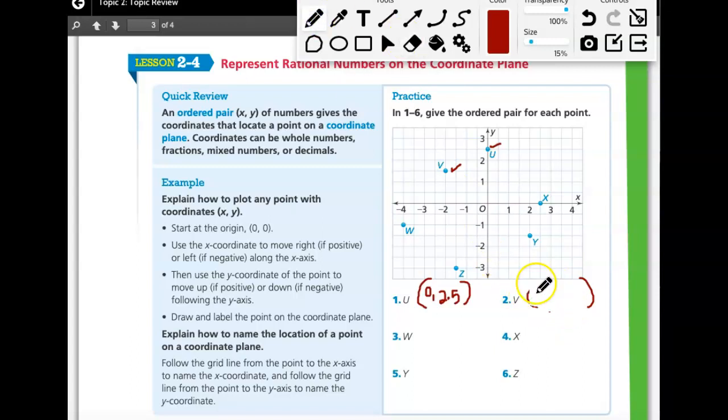So it's at -2, and then 1.5. And the w is at -4 and -1. So -4 is the x and the y is at -1.